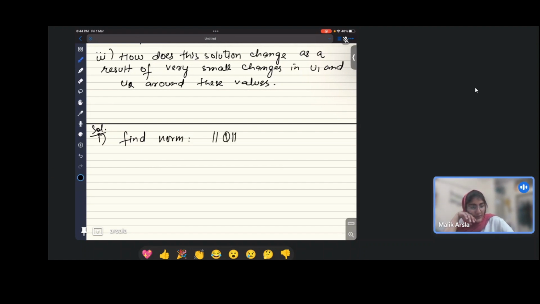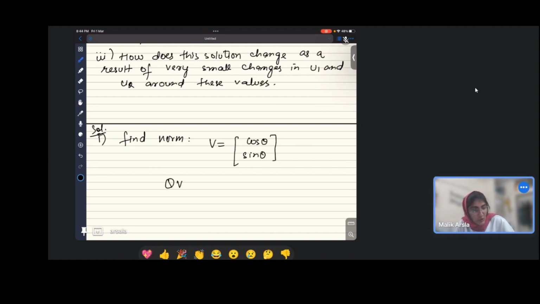The norm of Q will be what? Maximum of norm of Qv. In order to find the norm of Q, we will consider again the unit vector cos theta, sin theta, because it is a 2 cross 2 matrix.